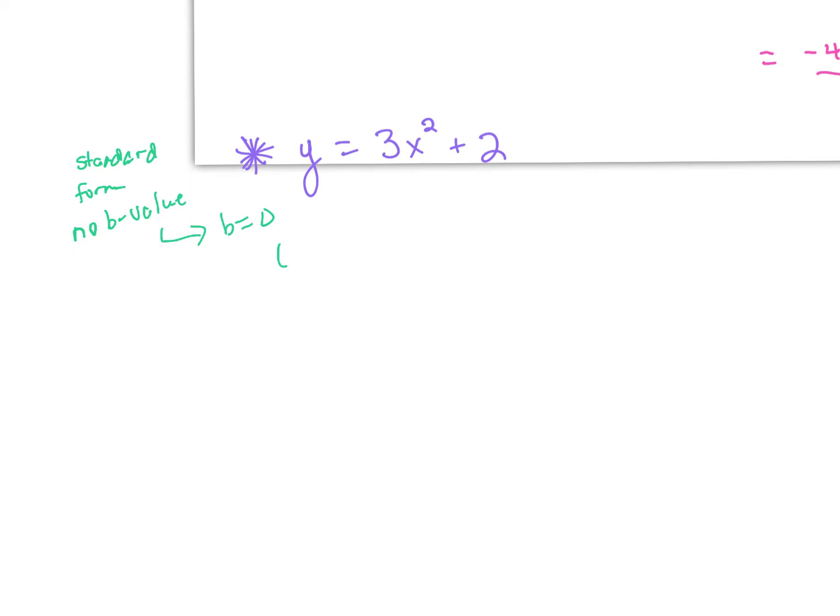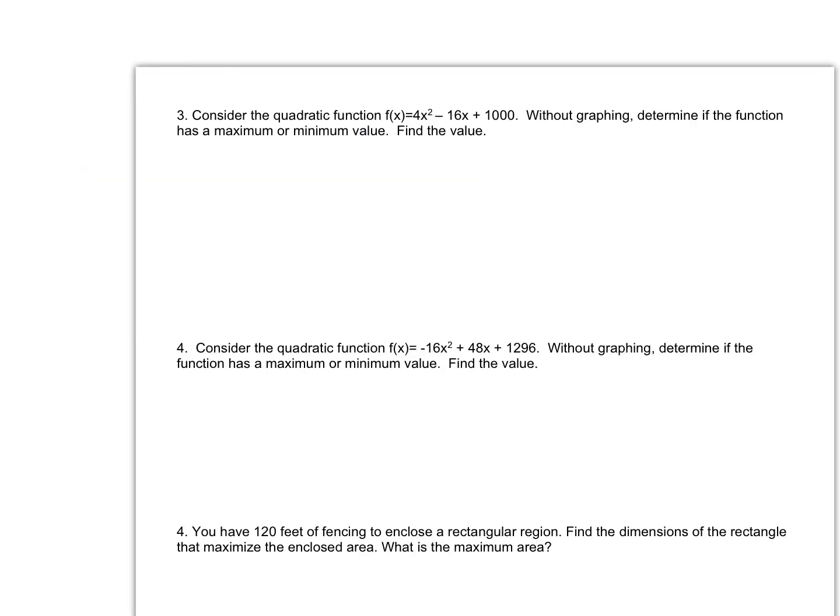So the vertex will be right on the y-axis somewhere. In this case, if you plug in 0, you're going to find that the vertex will be at the point 0, 2. Okay? So keep that in mind as you are working on the worksheet. All right, onward.